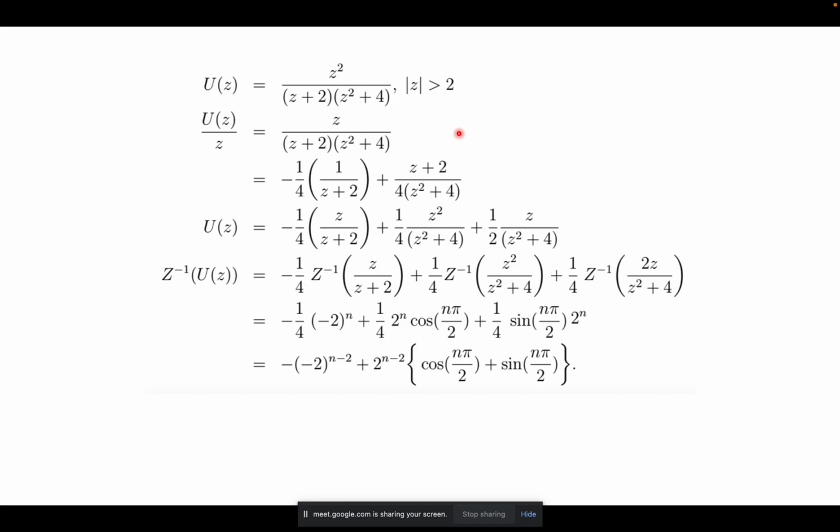The sequence corresponding to the first one you can easily calculate. This will be given by minus 2 power n.